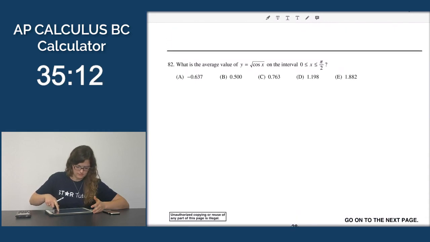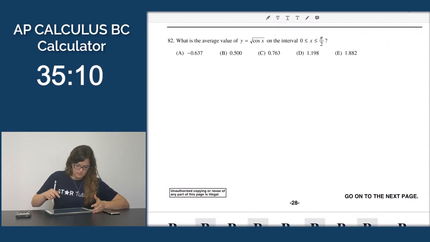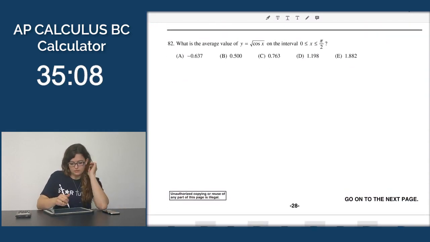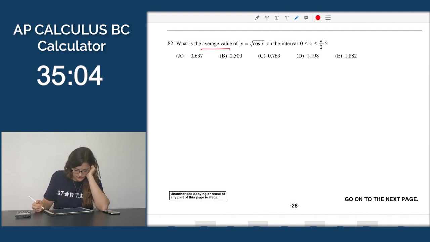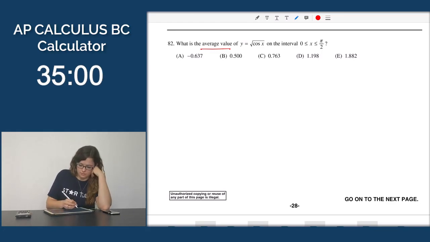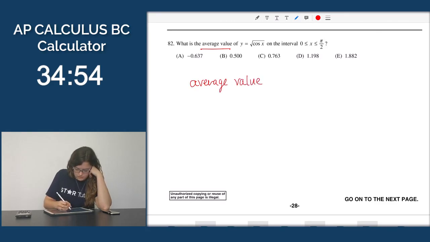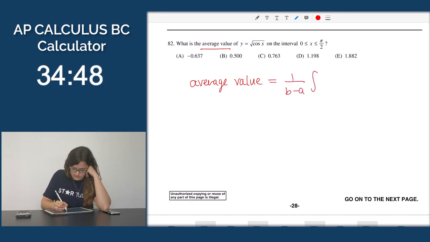Great. Okay. What is the average value? Do I remember the average value? I think I do. Okay, so again, this is average value. You have to remember the equation for that. The average value of a function on an interval is 1 over b minus a times the integral from a to b of that function.